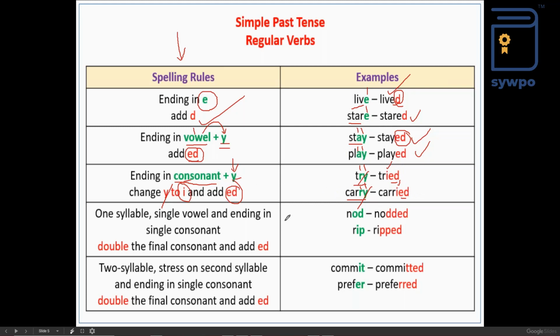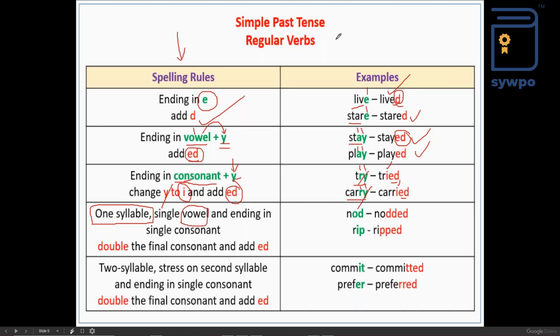Okay. Next, if you have a word with one syllable, this is important. One syllable. Syllable means sound. You know, when you pronounce a word, you are actually making a sound of that word. If you have one syllable, it means a word that gives you only one sound and there is only one vowel in the word.